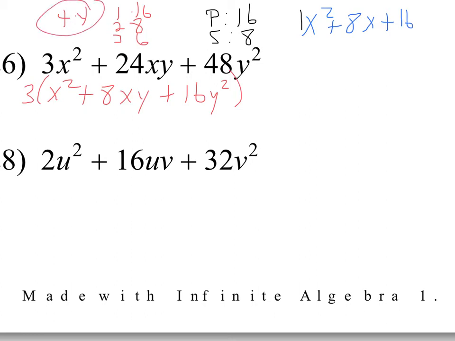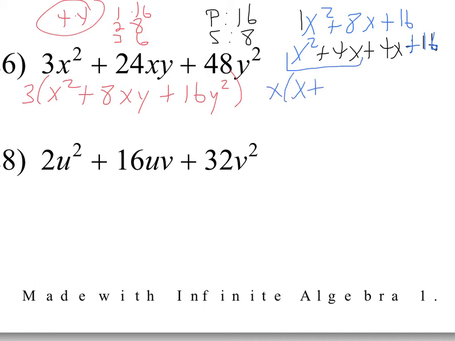4 and 4. So I'm going to rewrite this as x squared plus 4x plus 4x plus 16. So the middle two replace the 8x, which gives us, when I factor by grouping, these two have an x in common.